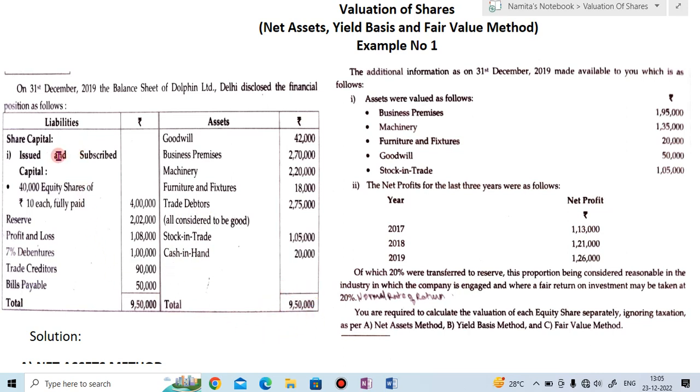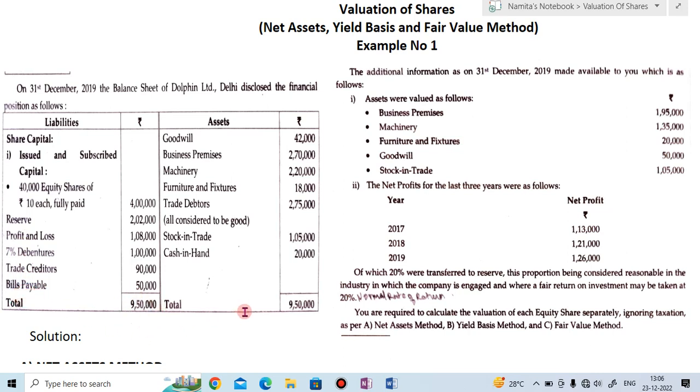Then in liabilities, share capital is given: issued and subscribed capital, 40,000 equity shares of 10 each, fully paid. So the number of equity shares is 40,000 and each share is of 10 rupees. Then reserves, profit and loss, 7% debentures, trade creditors, bills receivable and the total of liabilities.